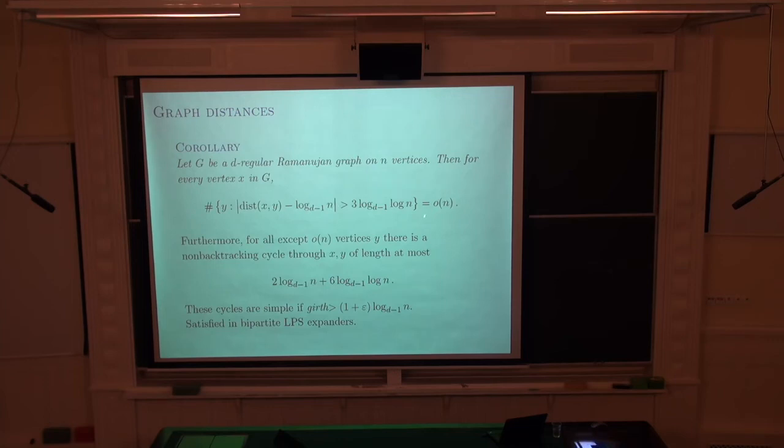So this is some perturbation of lower order. And the number of these y's is little o of n. Okay? So what this means, most vertices are at distance log base d minus 1 of n with an error of lower order. So although we don't know the diameter, if we just care about typical vertices, we do know the answer.